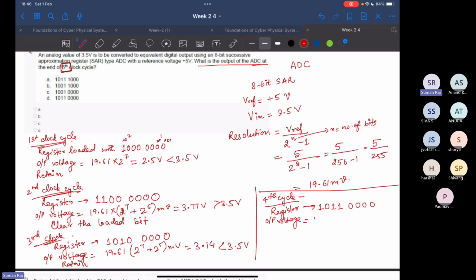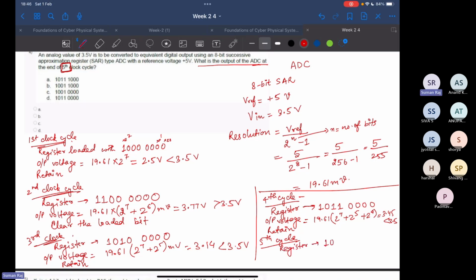It's going to be 19.61, 2 power 7, 2 power 5, and 2 power 4. That is 3.45, and that is less than 3.5 again. So what do we do? We retain it, and then in the fifth cycle, in the register, we load the next one.